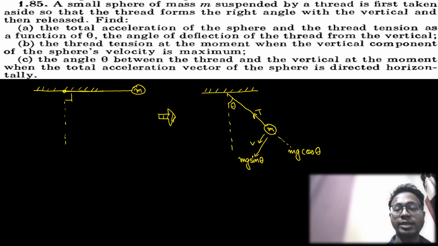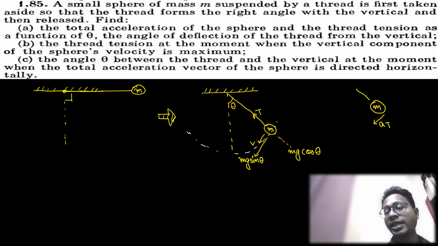Now, since the pendulum is moving in this circular path, there are two components of acceleration out here. One is the tangential component of acceleration, and another one is the centripetal component of acceleration.